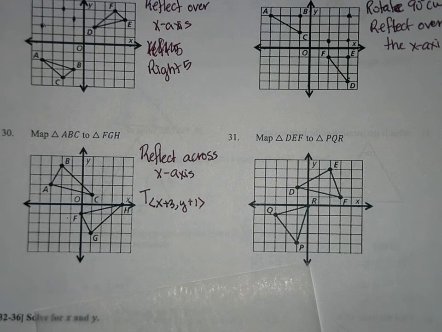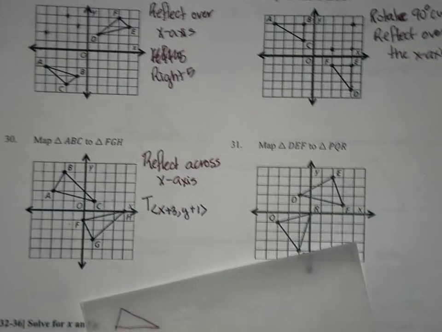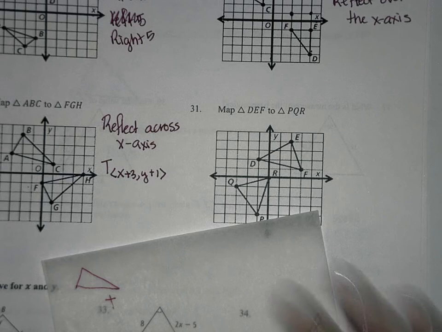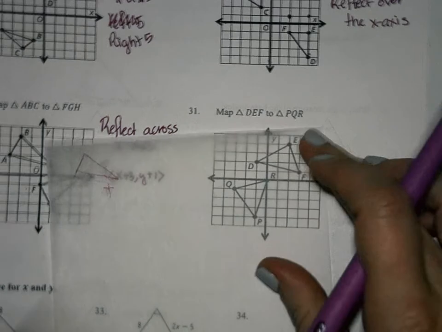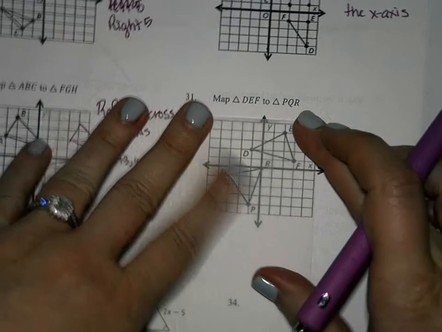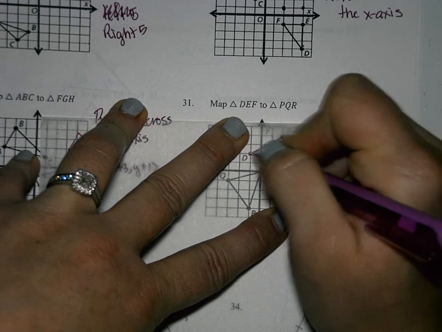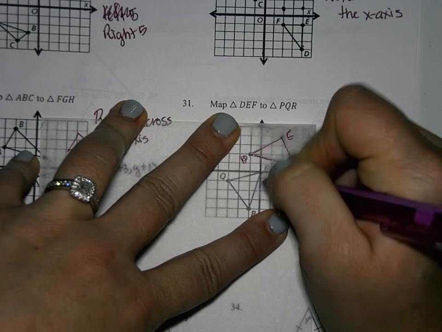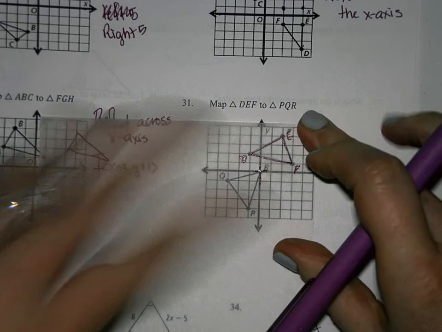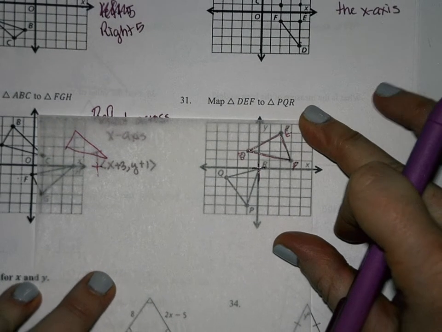Okay, what about 31? Anyone get one for 31? This time we're starting at DEF and going to PQR. So DEF. Anyone have a suggestion if you didn't get this one yet as to what we might want to try?